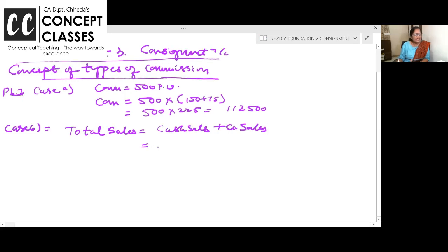What is the cash sales? 75 into 14,000. And what is the credit sales? 150 into 14,200.